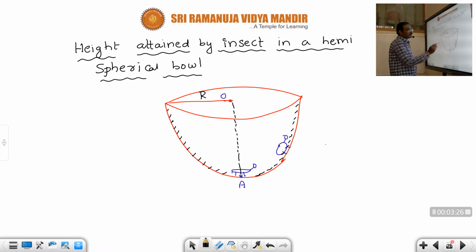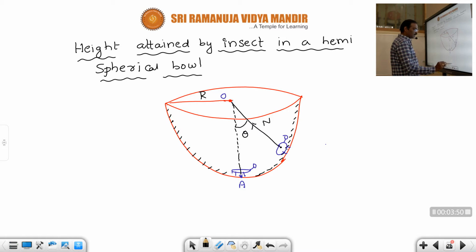The normal given by the surface on this insect makes an angle theta with the vertical. N is the normal reaction, and theta is the angle made by the normal with the vertical.